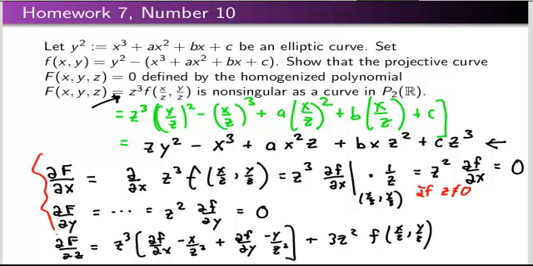And we are given that this is an elliptic curve. So that means what? That there were no singularities, there were no places on the curve where both of these partial derivatives vanished. Okay, so in that case we're done. There would be no solution where both of these are equal to 0. And so you're just left with a case where z is equal to 0. And when z equals 0, what points are on the elliptic curve?